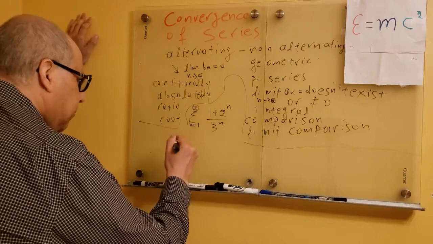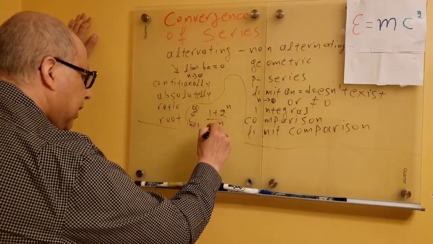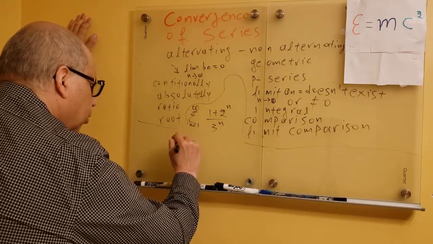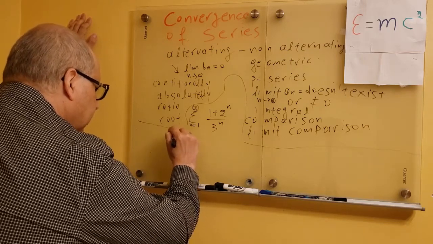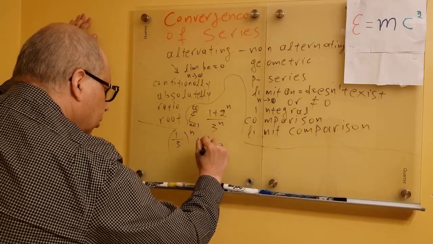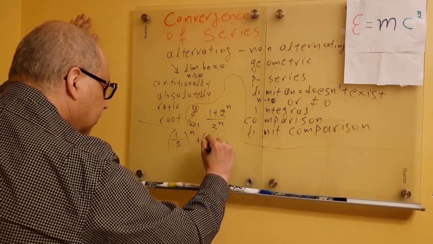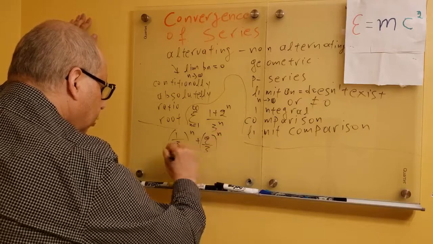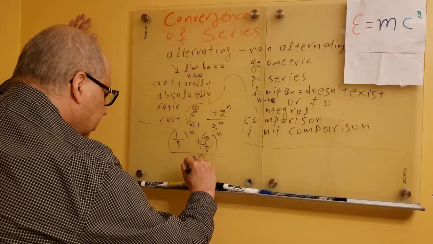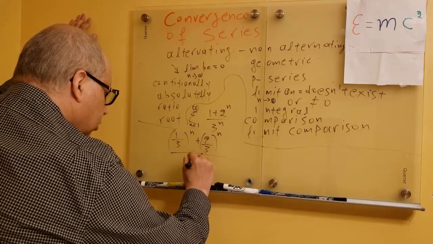If you divide everything by 3 to the n, you can write it as 1 over 3 to the n plus 2 to the n over 3 to the n over 3 to the n. So this cancels with this.